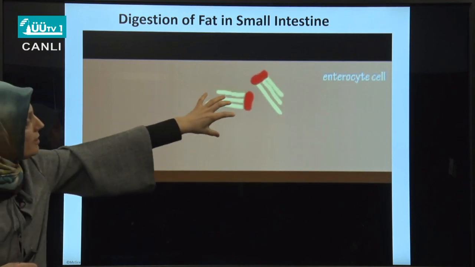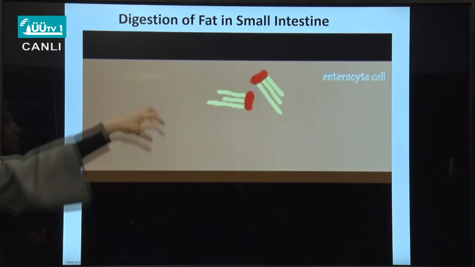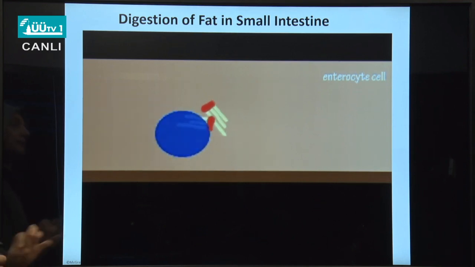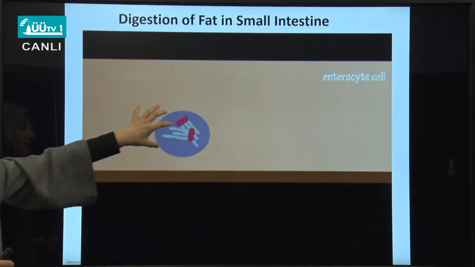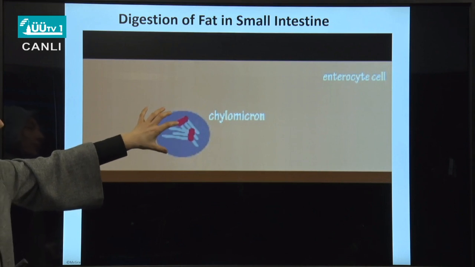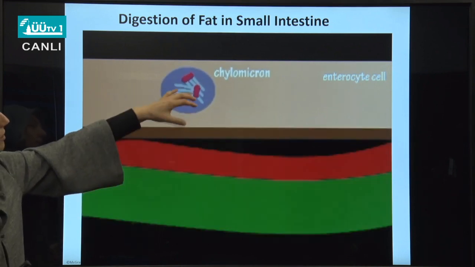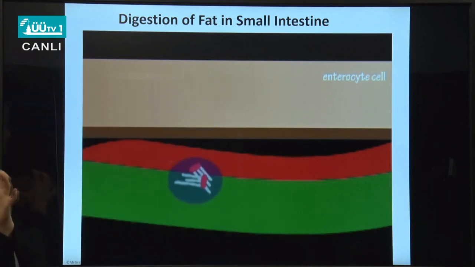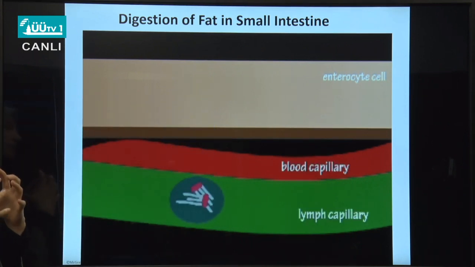And in the small intestine, they are resynthesized into triglycerides. And in the endoplasmic reticulum, they are converted to a lipoprotein called chylomicron. The chylomicron has a very huge size.